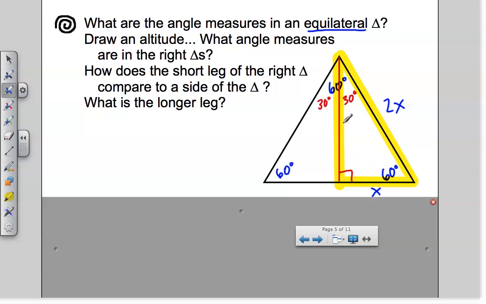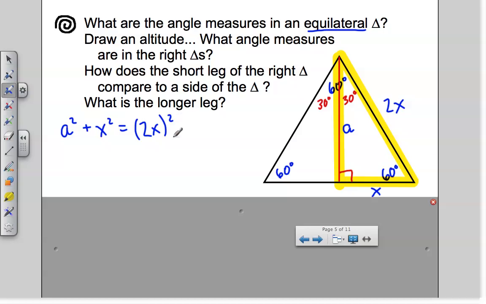My question is, what is the altitude, what is this height, or what is this longer leg? So I'm going to solve for this and find a relationship using the Pythagorean theorem. I have these two legs, this hypotenuse, and I want to find what this leg length would be. So a is one leg, so a squared plus the other leg, which is x squared, equals the hypotenuse, which is 2x.